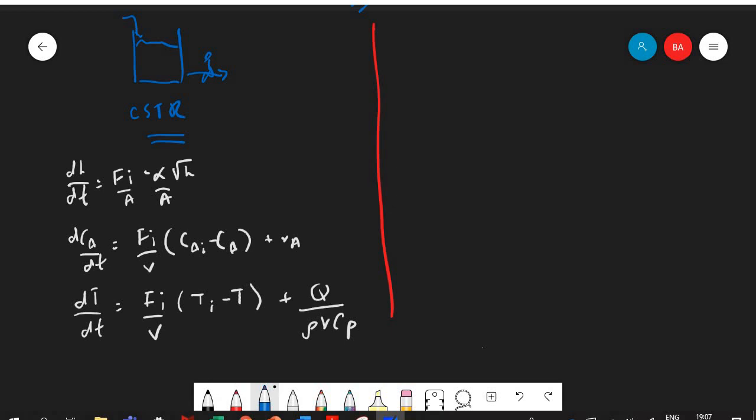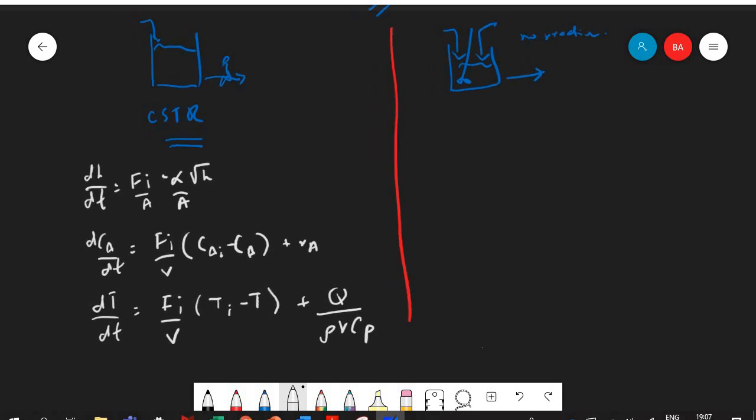Talking about the other system, we took a mixer. The difference is that this has no reaction. For the mixer, we developed the equations, and dH by dt was similar, not different at all.